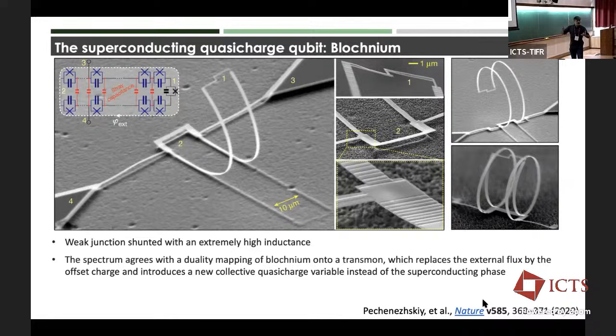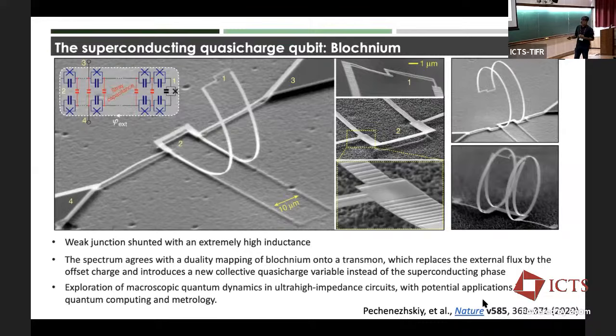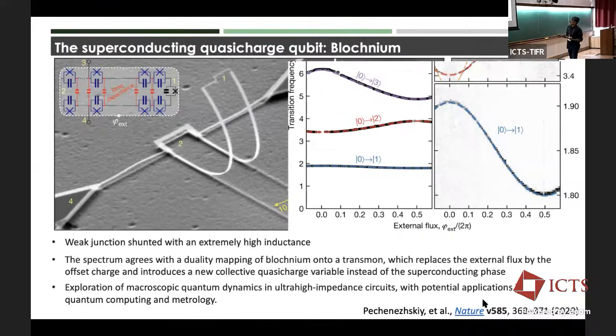They show in their experiment, by looking at the spectrum, which I'll show you in a second, that it agrees with the duality mapping of blocknium into a transmon, which replaces the external flux by the offset charge and introduces a new collective quasi-charge variable instead of the superconducting phase. They say that exploring this macroscopic quantum dynamics in ultra high impedance circuits has applications in quantum computing and metrology.